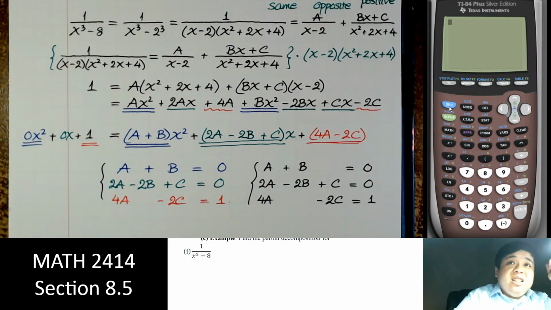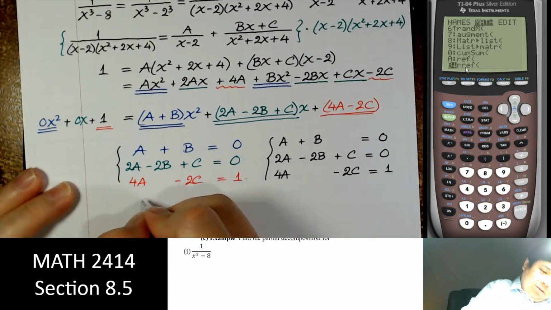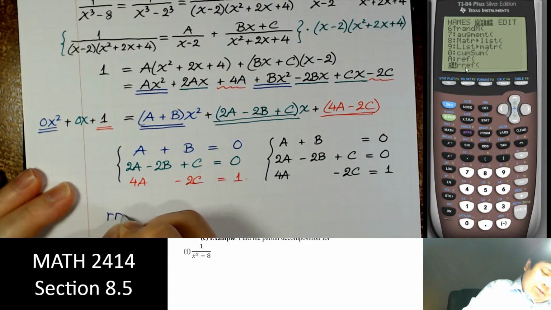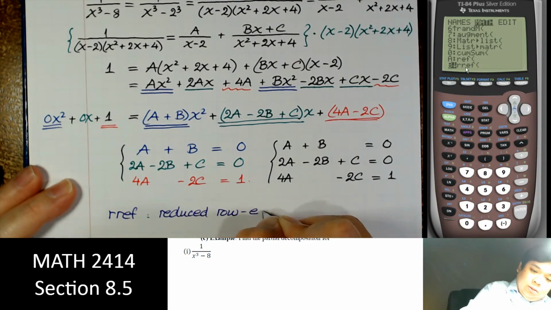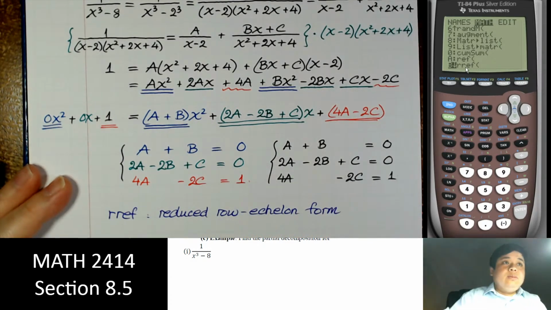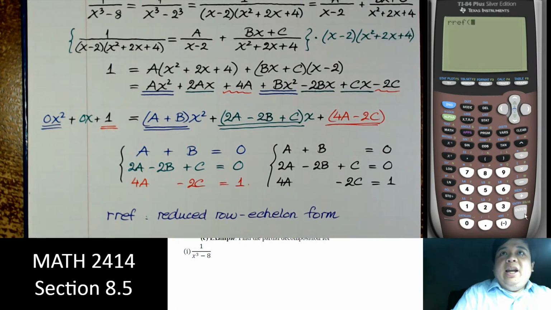So second matrix, go to math and go way down to the option where it says RREF, reduced row echelon form. And then we enter a fraction.